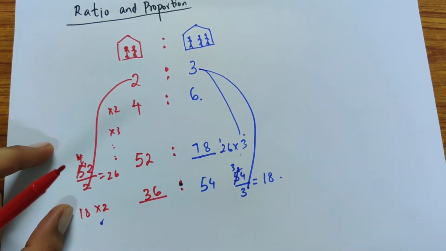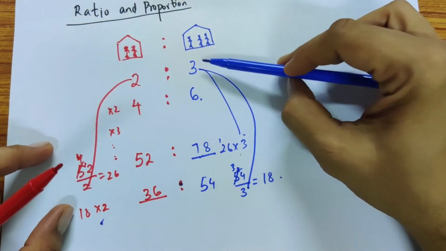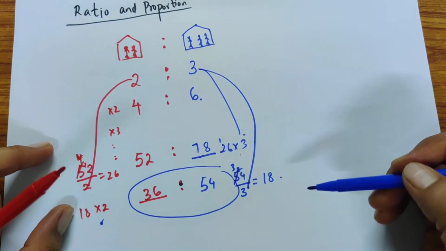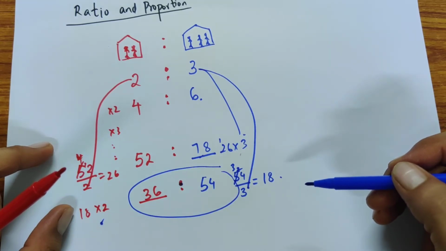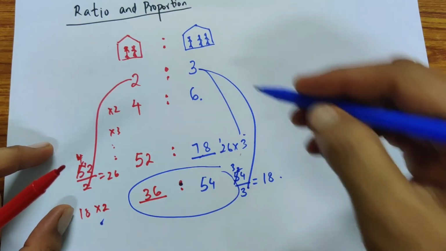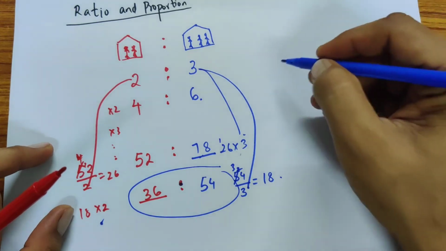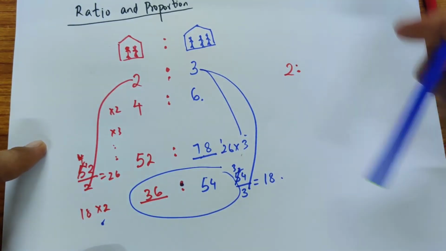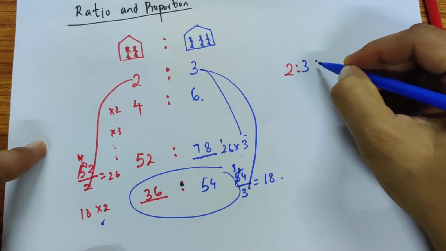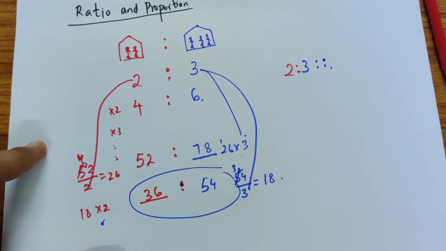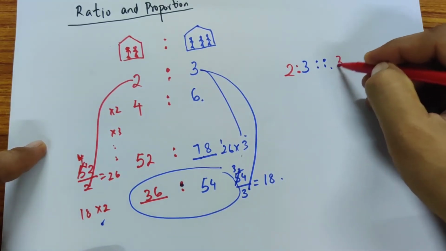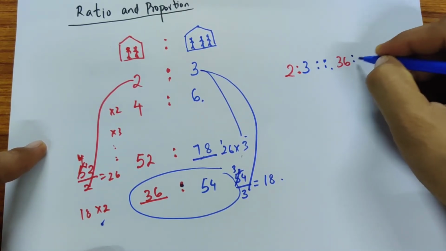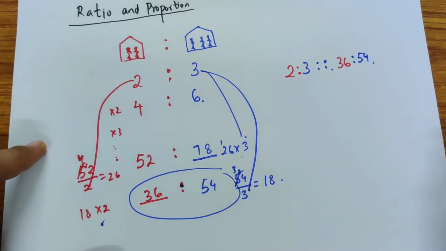Now this results in both the ratios as well as these other patterns which are in proportion with what you started with. So if you had the ratio of 2:3, then these essentially are in the same proportion as 36:54.